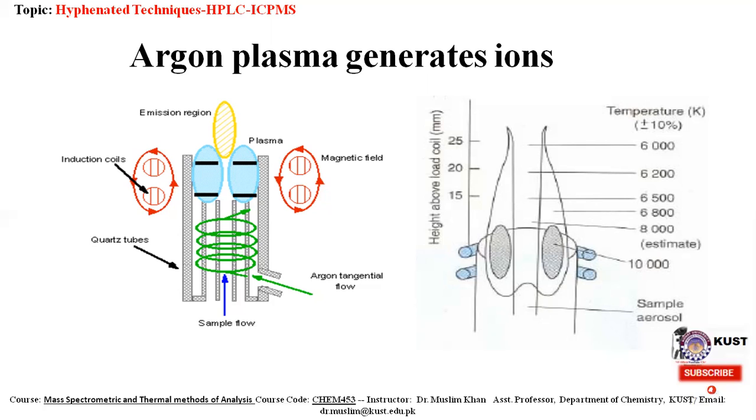However, there is also enough energy in the plasma to remove an electron from its orbital to generate a free ion.